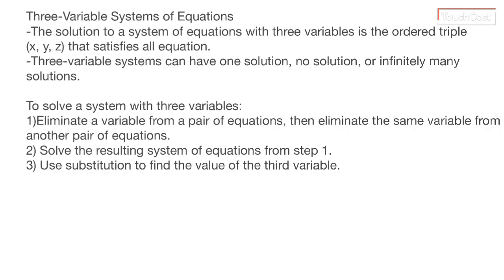And that's going to bring us into our first example. So example 1, we're going to solve the system x plus 3y plus 2z equals negative 13 for the first equation.